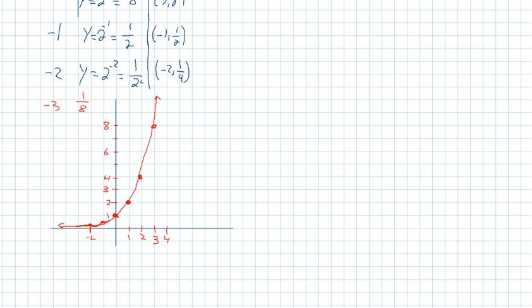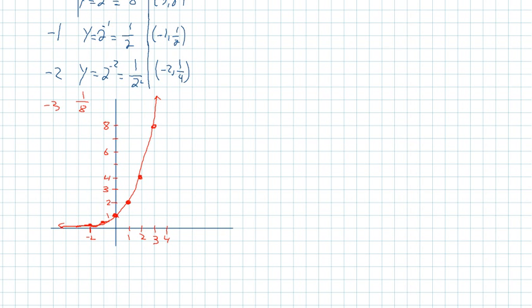So, if you look at this graph, this is called an exponential graph. It's an exponential growth, right? If I'm moving to the right, it's going to start slow, but then it's going to increase fast, rapidly increase. Okay?